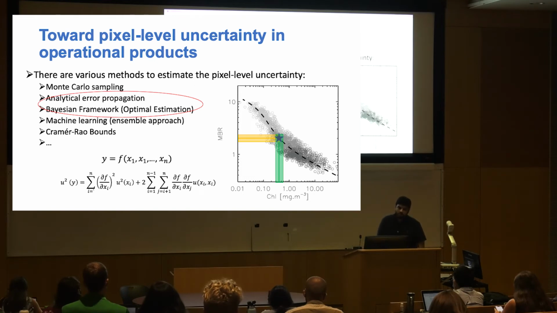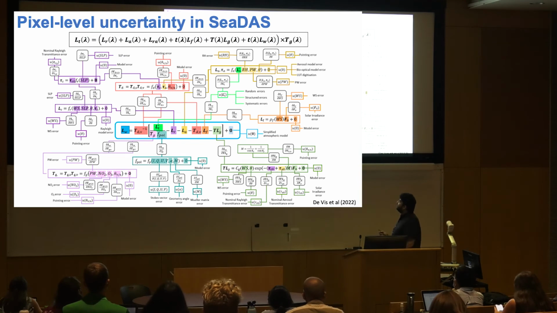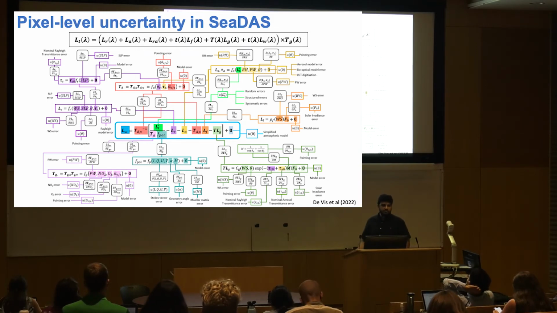It's a really simple way to do analytical error propagation, but the problem is that when you go into operational codes that do the atmospheric correction from Level 1 all the way to Level 2, and then through IOP products and so on, it becomes very difficult and cumbersome.